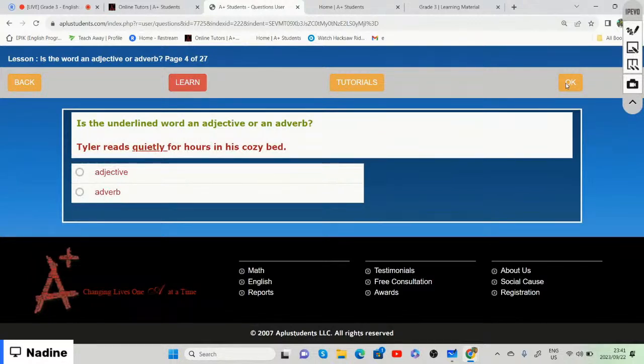Tyler reads quietly for hours in his cozy bed. He reads. So reads is a verb. So quietly tells us how he's reading. So is it an adjective or is it an adverb?